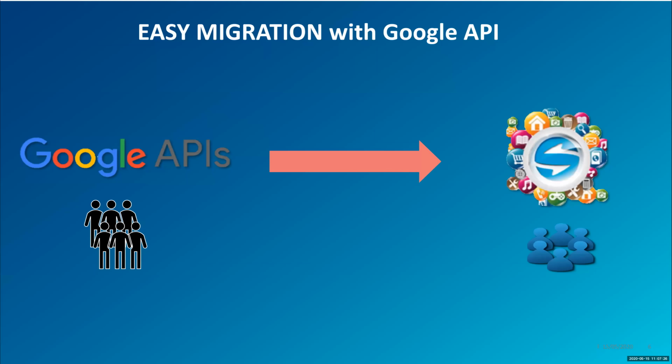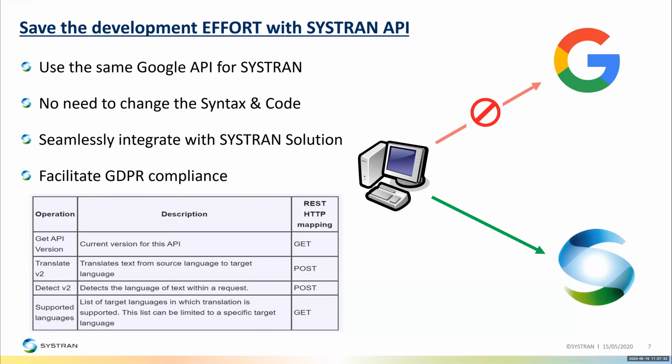The second one in today's agenda is the easy migration with Google API. So now we have done all the heavy lifting for you. You don't have to change any syntax or any coding. You can use the same Google API to integrate with Systran's solution seamlessly. All you need is a new key, the same API can be used, and it's going to facilitate your GDPR compliance as well.